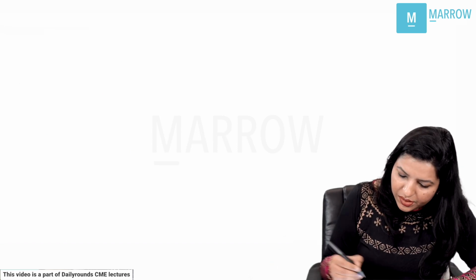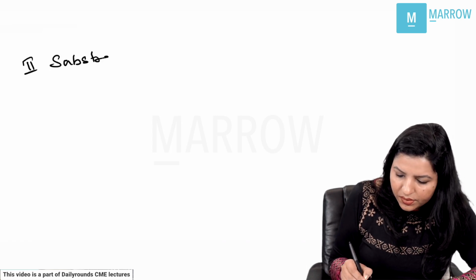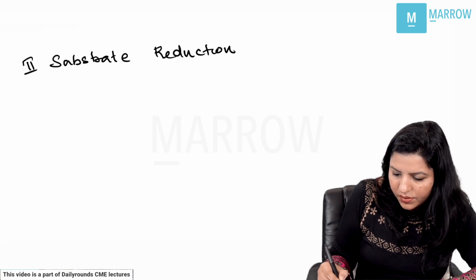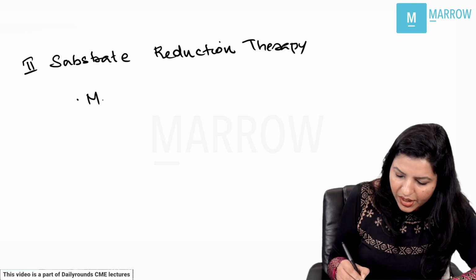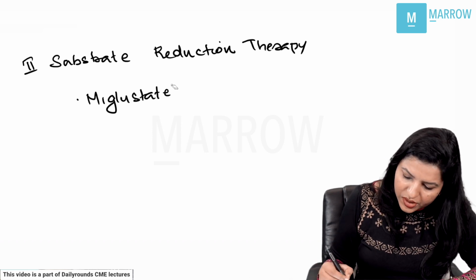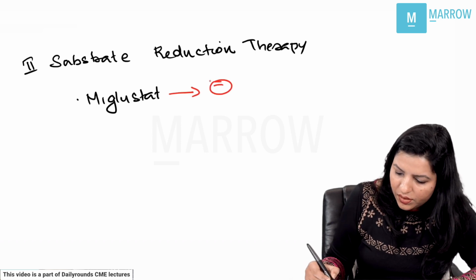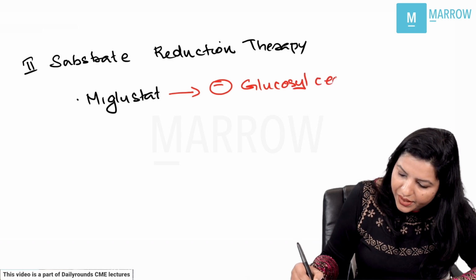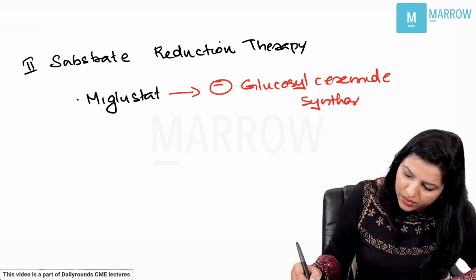The second treatment is substrate reduction therapy, that is miglustat. Miglustat inhibits glucosylceramide synthase.